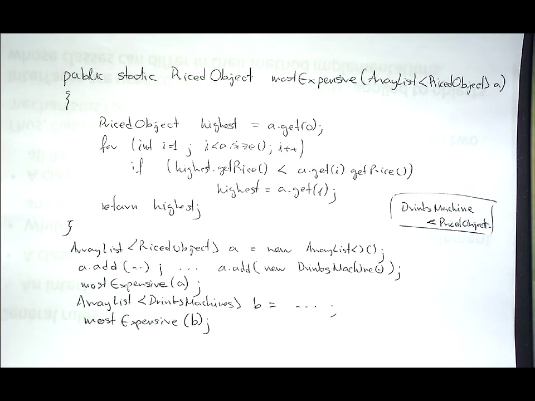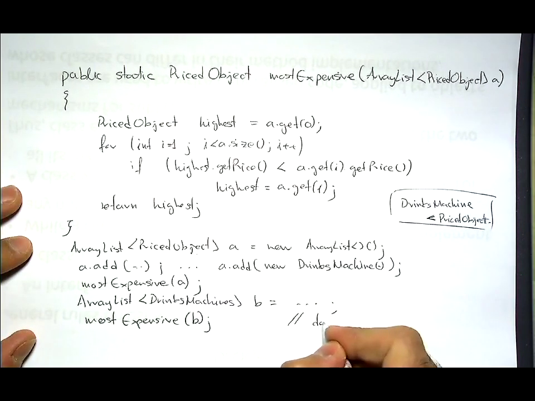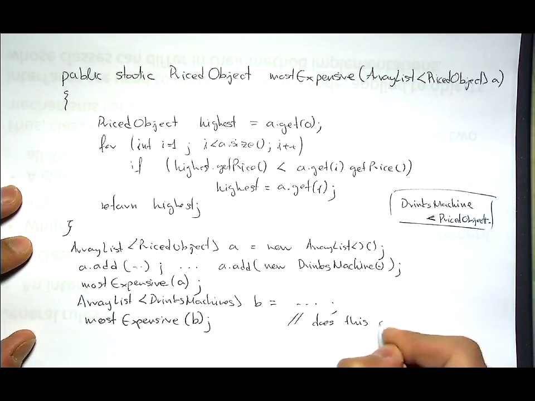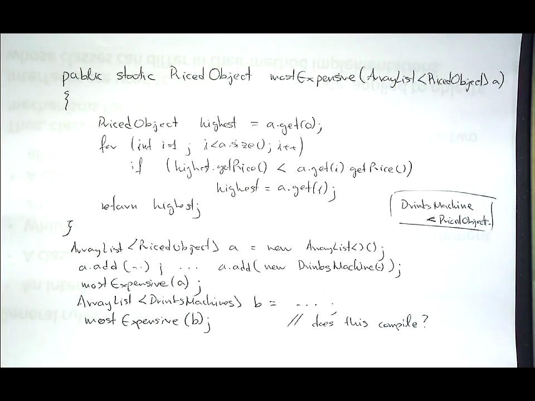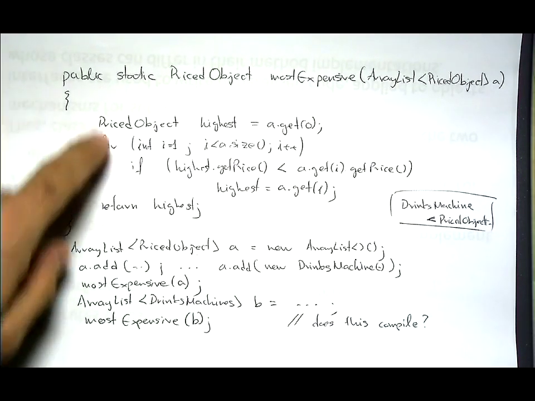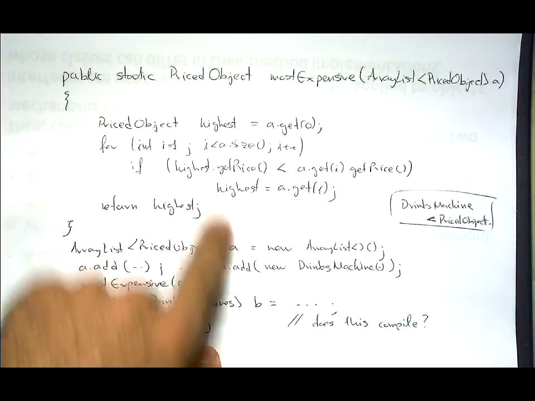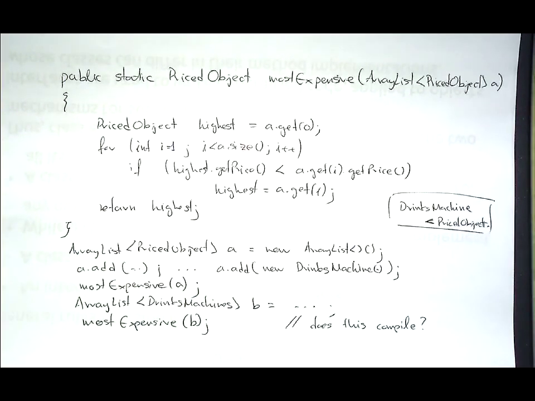Surely drinks machines are priced objects, so an array list of drinks machines should be a list of priced objects. So should this compile? The question is, does this compile? Obviously the same code that we wrote here should work with a drinks machine. You just have drinks machine instead of priced objects, so logically speaking it should work. That's actually what one would think.